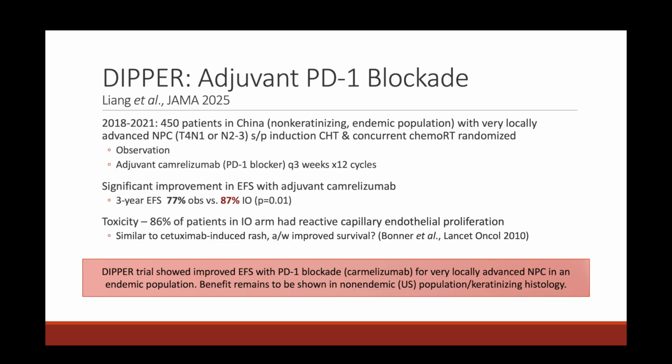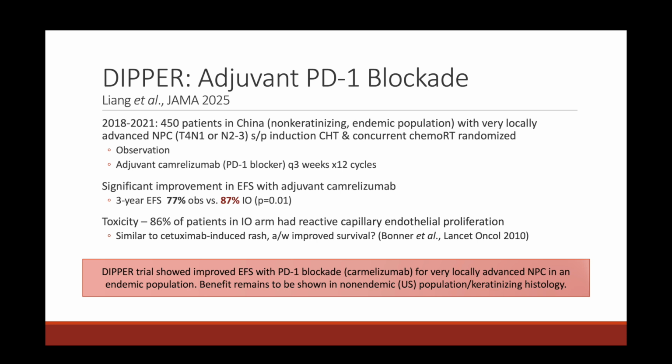And the last trial I want to discuss in this sort of systemic therapy section is the DIPPER study, which was very, very recently published. And it was also presented in the Quad Shot News article. This trial was a randomized trial out of China, again, in an endemic population, looking at patients with very locally advanced nasopharyngeal cancer, so T4N1 or N2 to N3 patients.